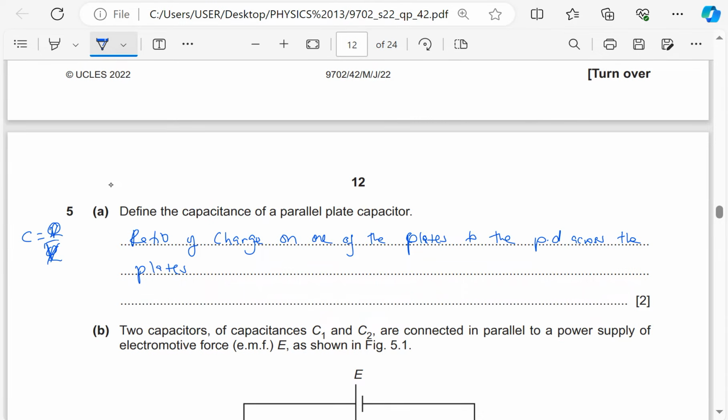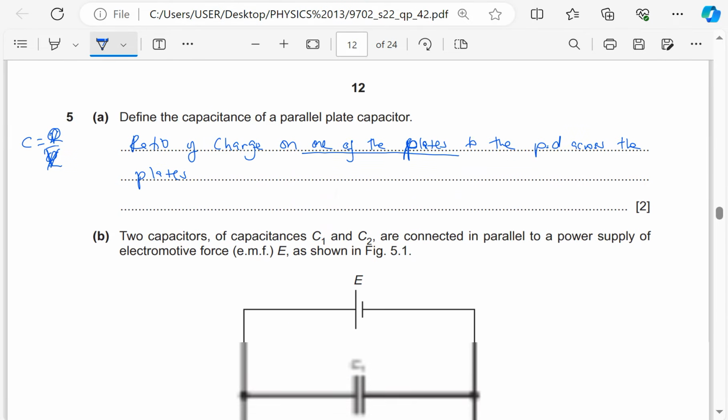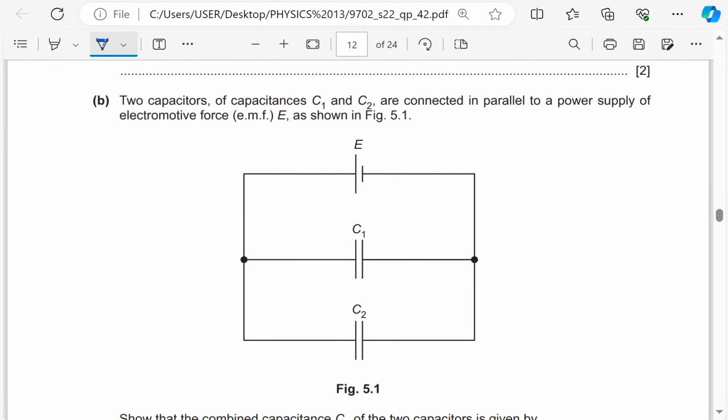Of course, writing PD is acceptable. Potential difference across the plates. That is capacitance of a parallel plate capacitor.